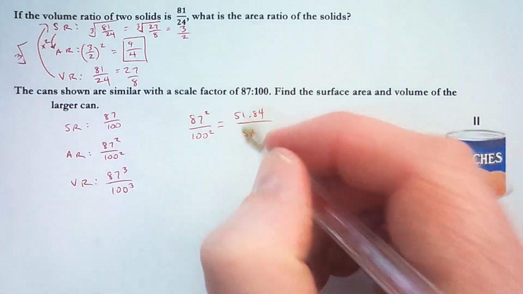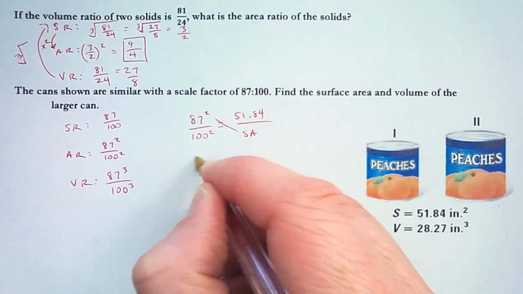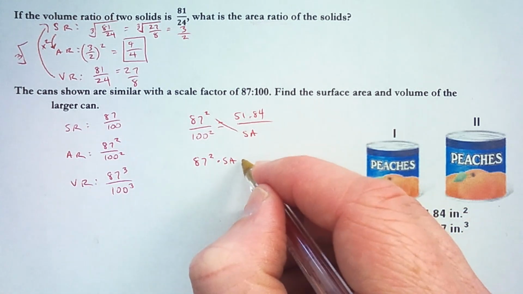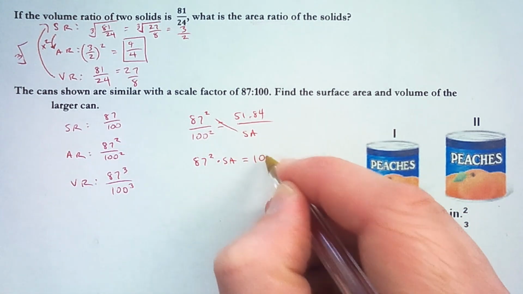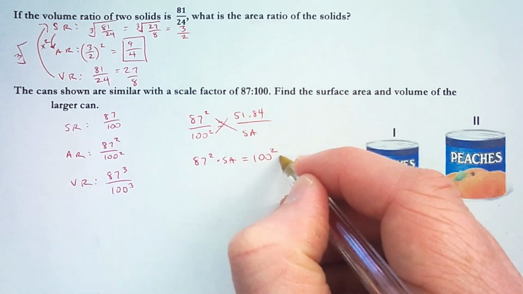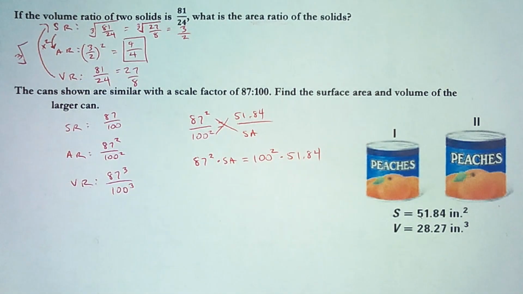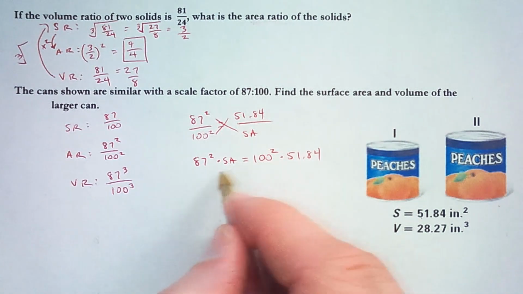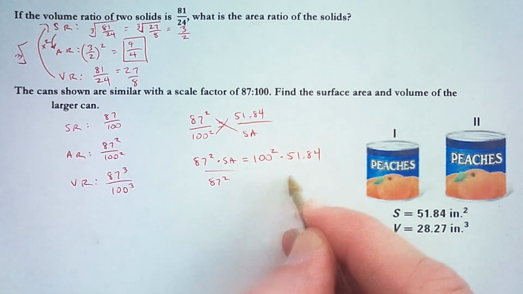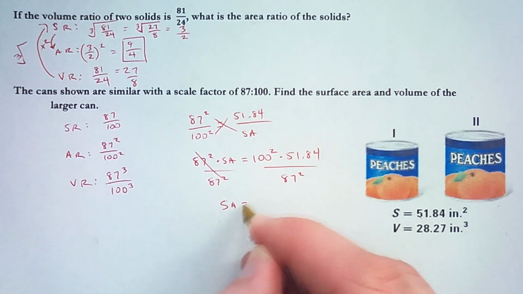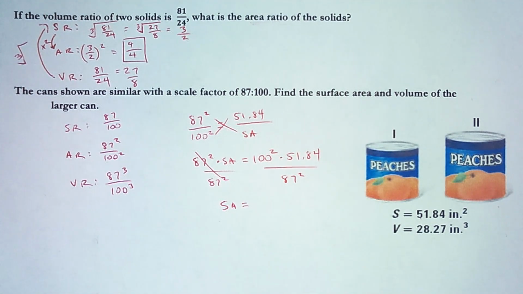So the cross products are 87 squared times the unknown surface area and 100 squared times the surface area we do know, 51.84. And to solve for surface area, we can divide both sides by 87 squared. And notice I didn't have to deal with any of the large numbers up until this point.